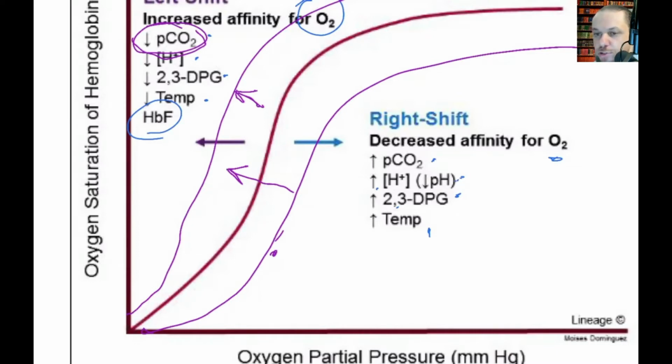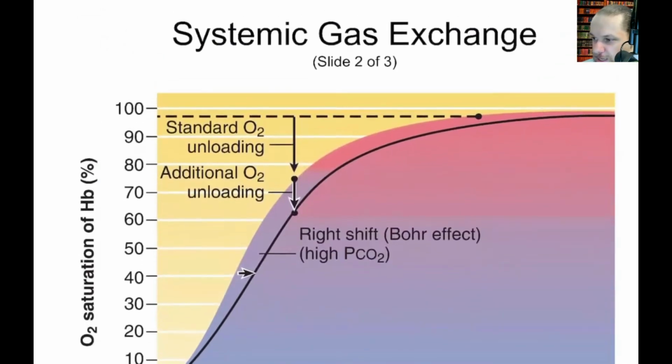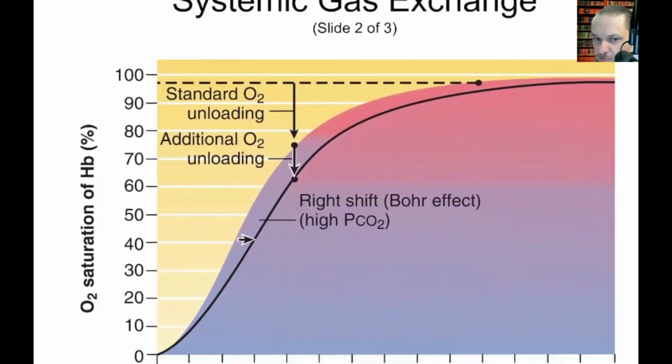I'm going to explain what you do want to do once we get to those slides. So this is just a couple of concepts, if you see them in your book, to understand. You may have a right shift, to move this hemoglobin curve to the right. It's called the Bohr effect. High CO2 means more protons and more acid, and acid will move the curve to the right.